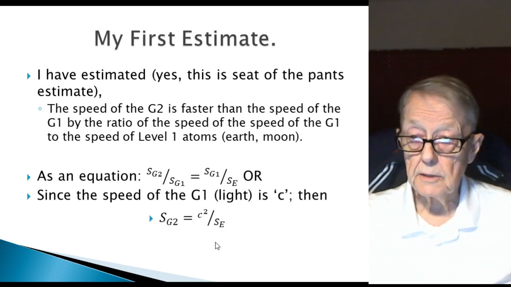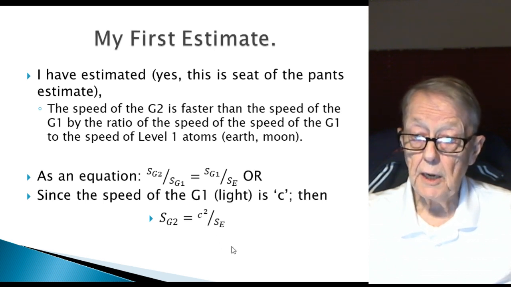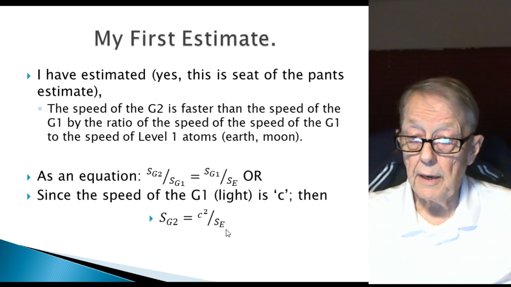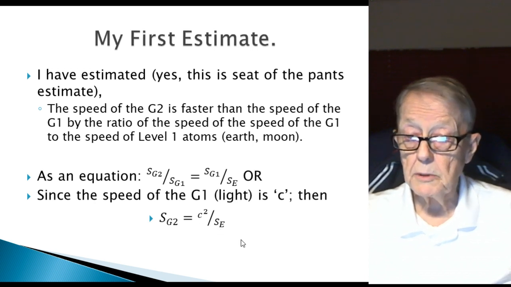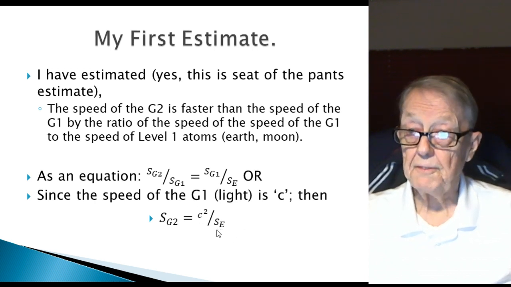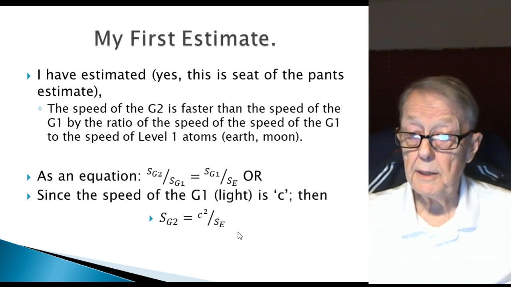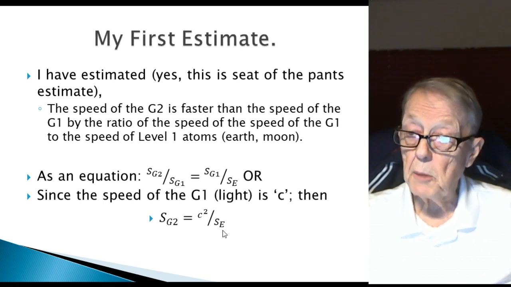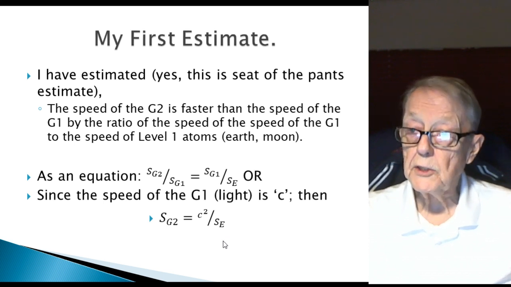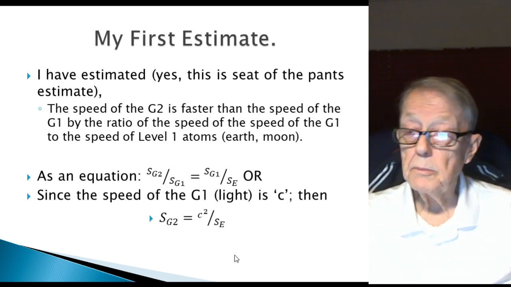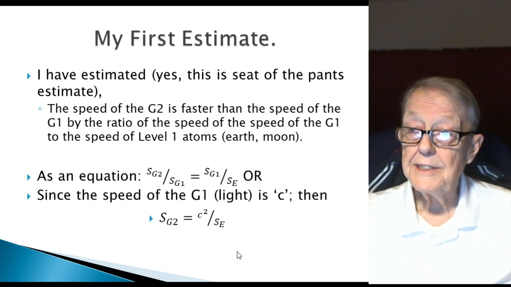Now this isn't c squared. This is less than c squared, because it's divided by something, and you can pick any arbitrary number, so it doesn't absolutely define the precise speed, but it gives you a notion that it is some ratio of, some fraction of, or some multiple of c squared.